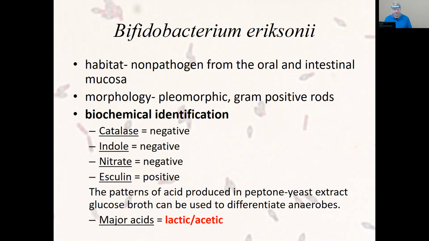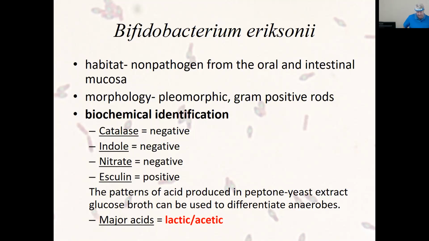So again, non-spore forming gram-positive rod, habitat, non-pathogen from oral or intestinal mucosa. Morphology is pleomorphic gram-positive rod. Then we're going to spend a little time on biochemical identification. It was brought up to my attention last lecture about the catalase reaction, that they saw a catalase positive on the anaerobic side.